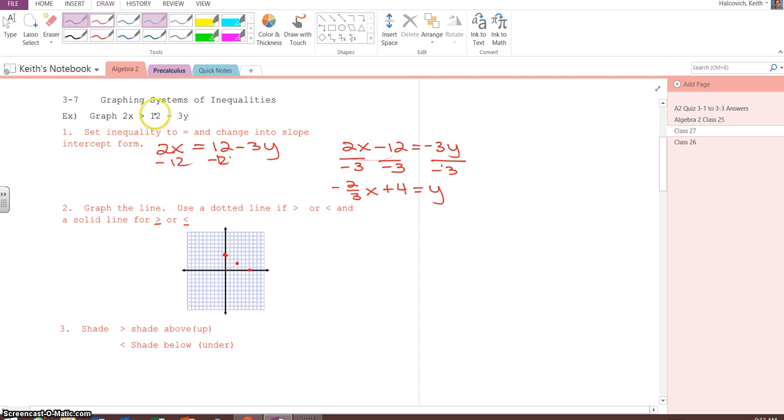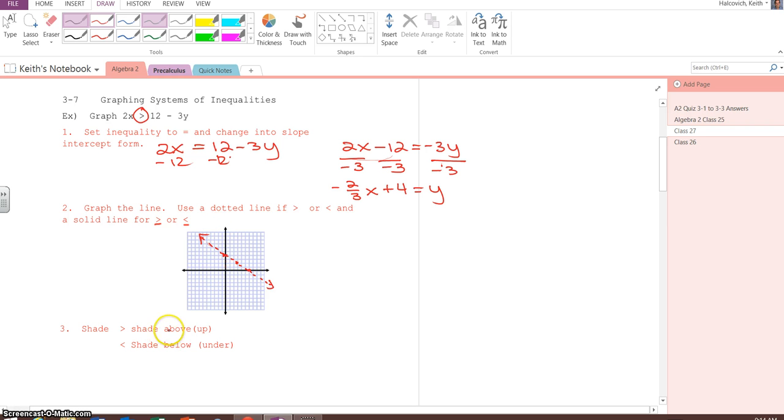So since this original inequality is greater than, we're going to draw a dotted line for our boundary line. That means it's not equal to whatever points are on the line.